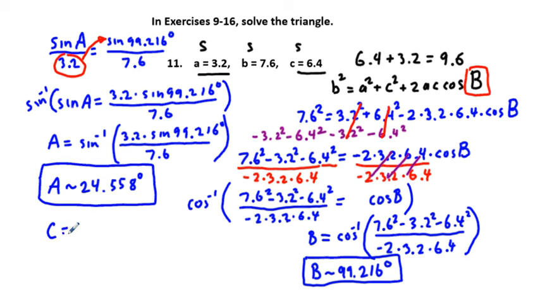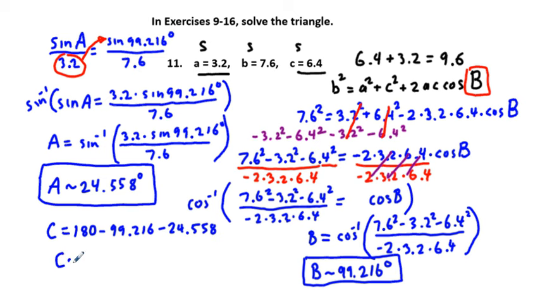And the last thing we have to do is find our remaining angle C, and C is going to be equal to 180 degrees minus 99.216 degrees minus 24.558 degrees.